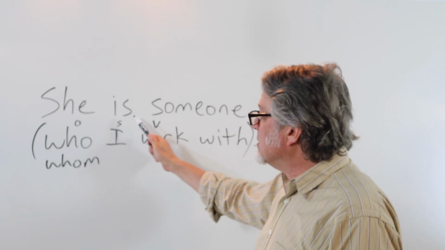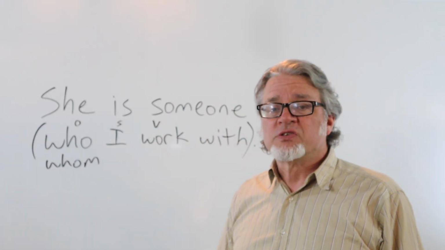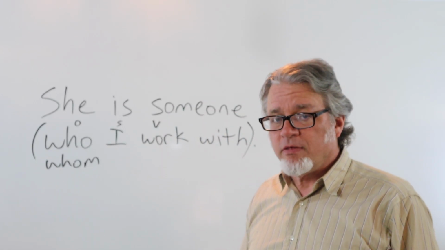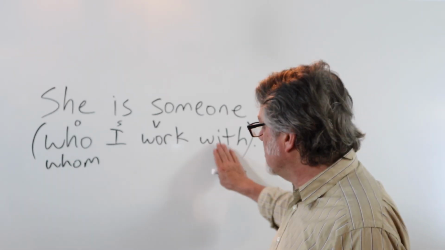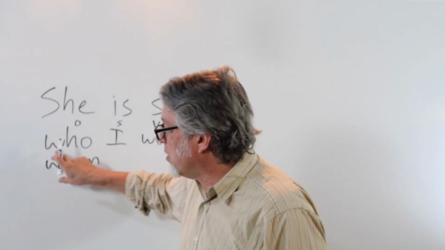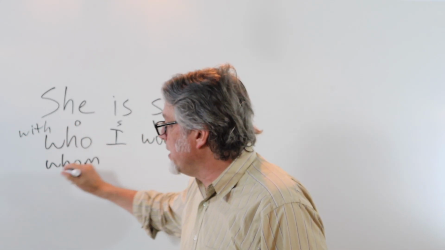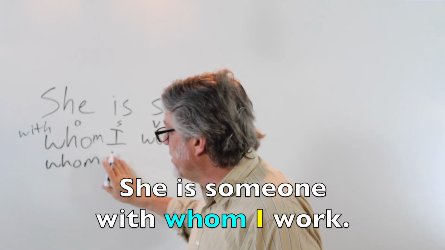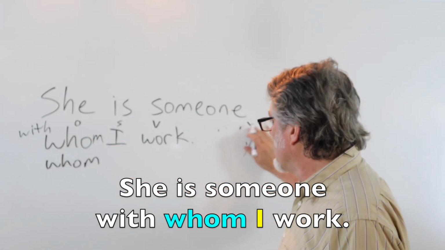So you can say, she is someone who I work with, or she is someone whom I work with. And to be absolutely correct, you would take this preposition and put it before this pronoun and say, she is someone with whom I work.